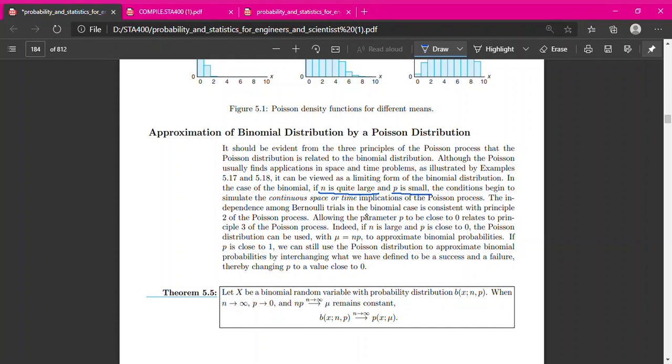If the n is large and p is small, the condition begins to simulate the continuous space or time implication of the Poisson process. Allowing the parameter p is close to 0, which is small lah, relates to the principle of the Poisson process. Indeed, if n is large and p is close to 0, then the Poisson distribution can be used.